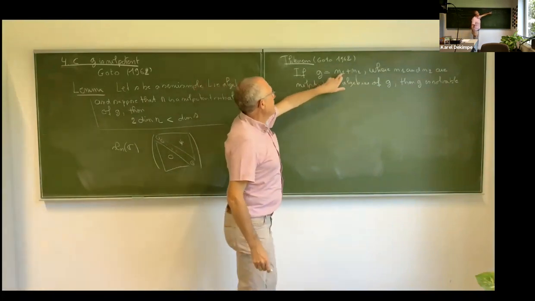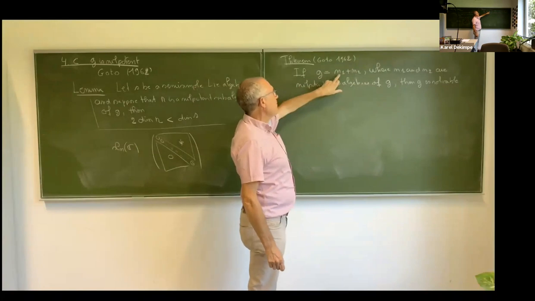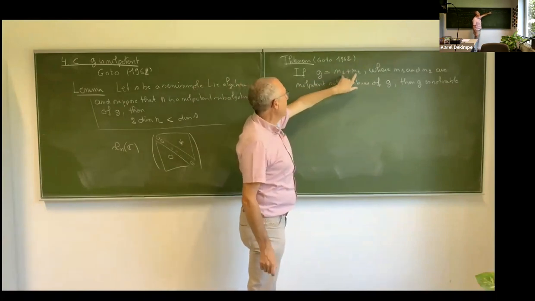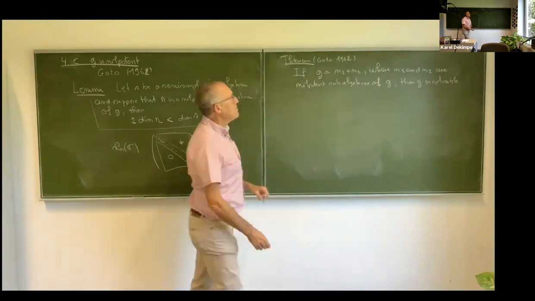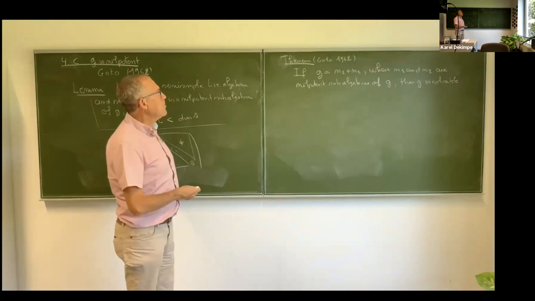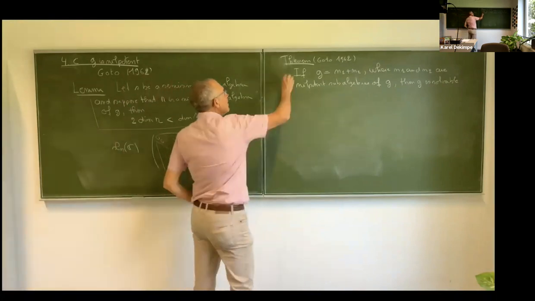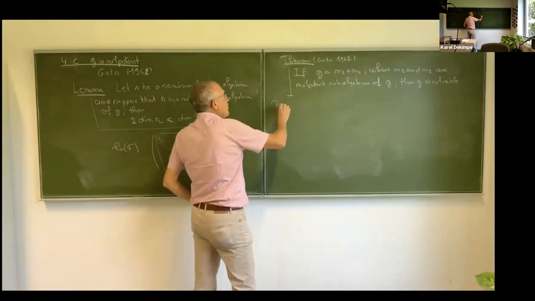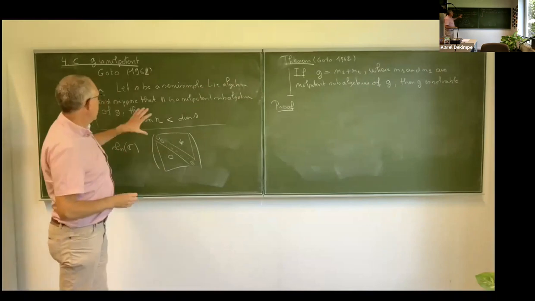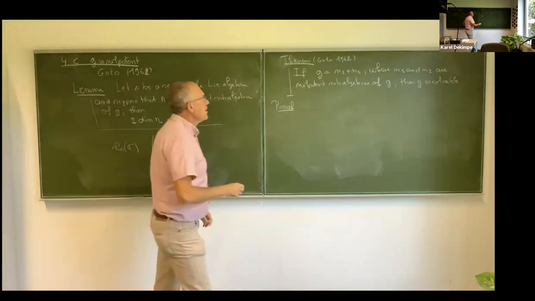What I mean by this is that the vector space G is the sum of the vector space N1 plus the vector space N2, but N1 and N2 are nilpotent subalgebras of G. So if we can write G as a sum of nilpotent ones, G itself has to be solvable. Okay, and the proof is now easy once you know this lemma. The lemma is a little bit harder to prove.